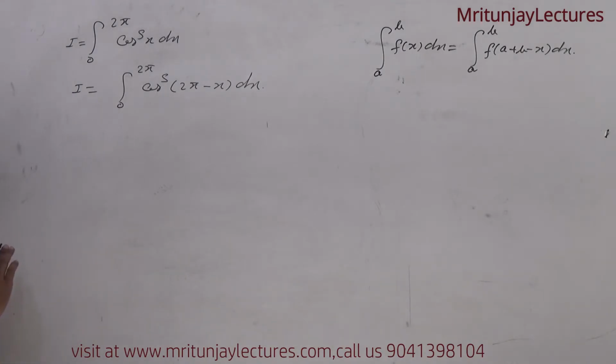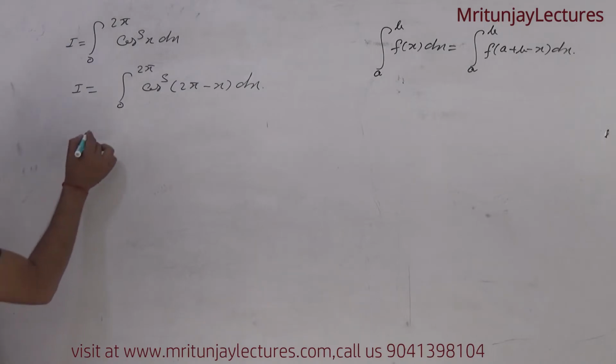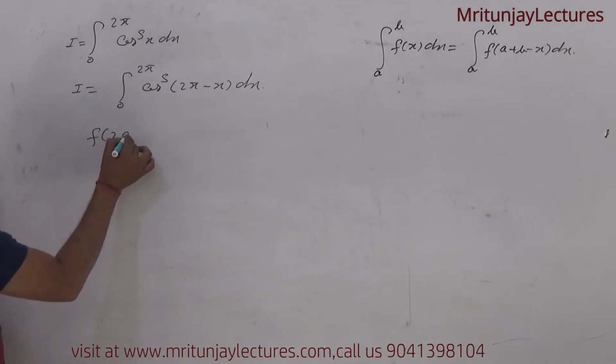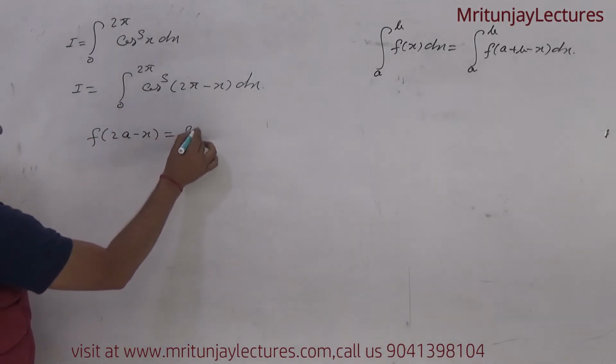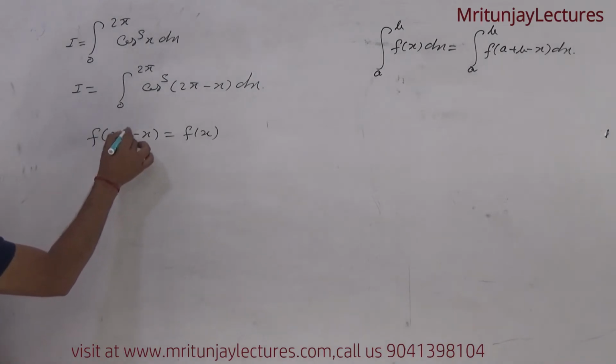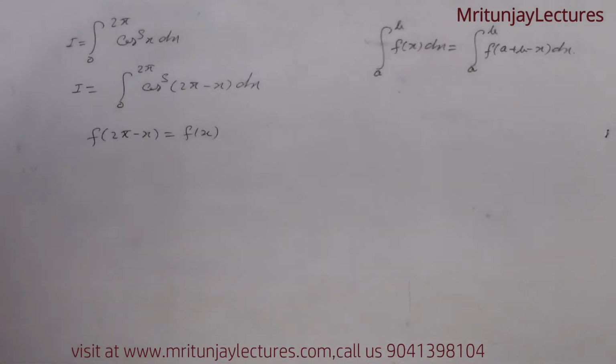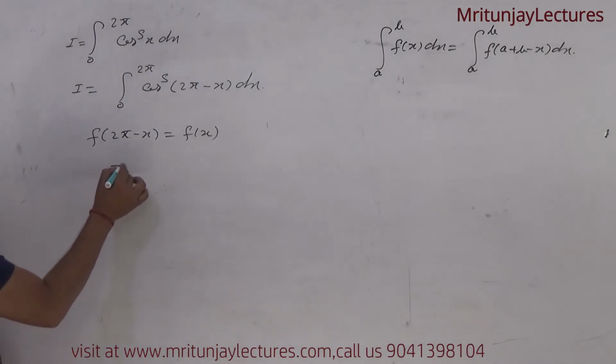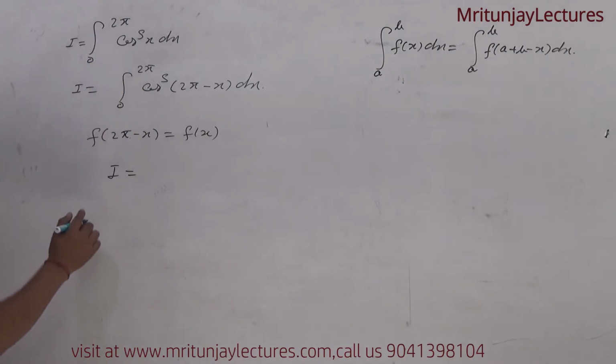But I know that f(2a − x) equals f(x), where here a is π. So f(2π − x) equals f(x). According to property number 6, apply here.